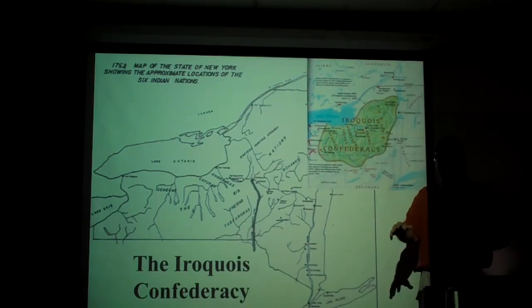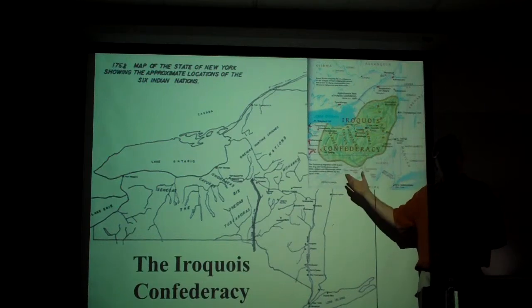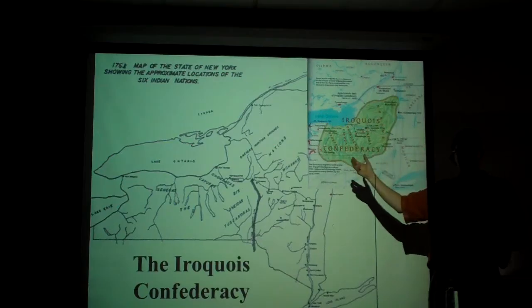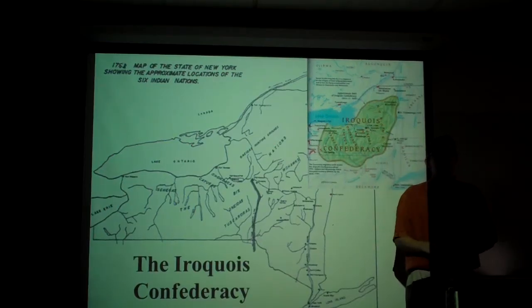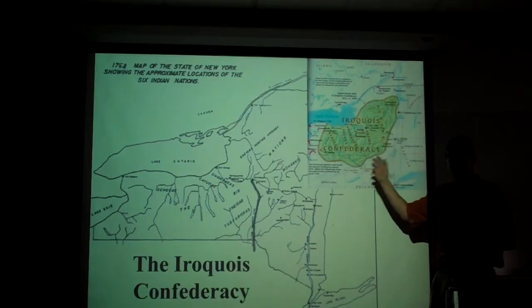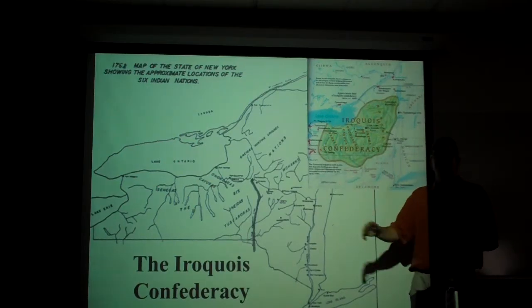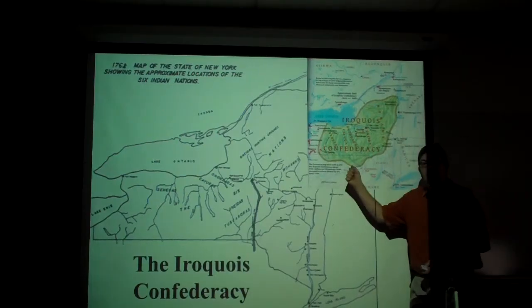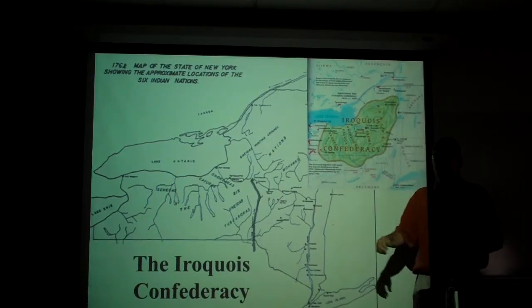So they're savvy and they're tough fighters. And which side the Iroquois would take was critical. And the best way to think of it is like this. If the Iroquois side with the British, the French don't have a chance. But if the Iroquois side with the French, they do have a chance.